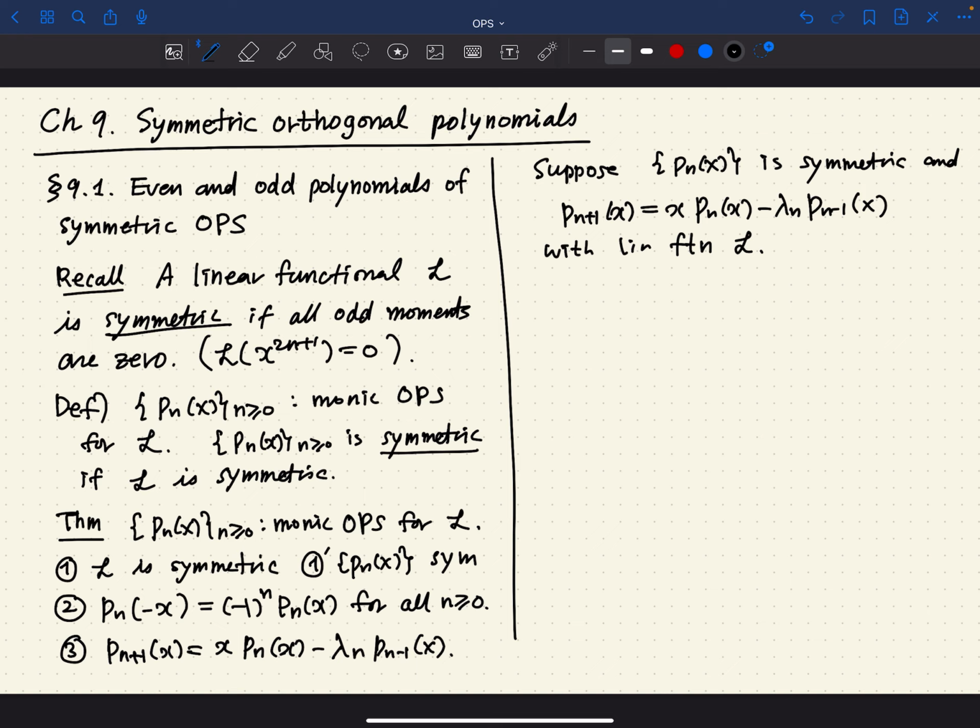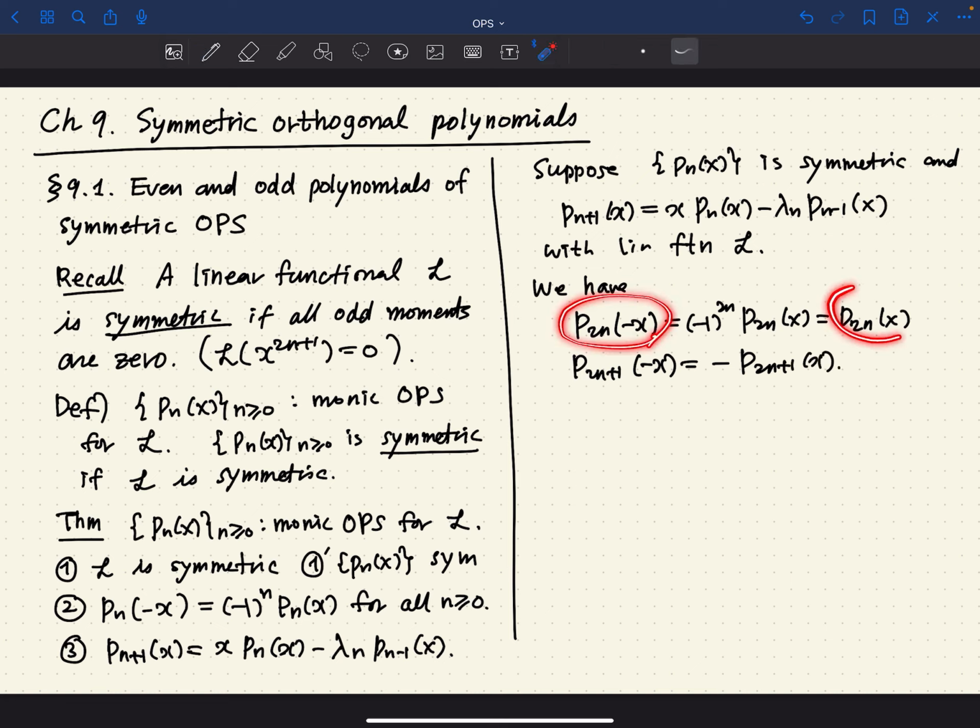And by the theorem, if you look at P_2n(-x), this is (-1)^(2n) P_2n(x), which is P_2n(x), and P_(2n+1)(-x), if you do the same thing, then you get a minus sign. That means this polynomial P_2n is an even polynomial, and P_(2n+1) is an odd polynomial.